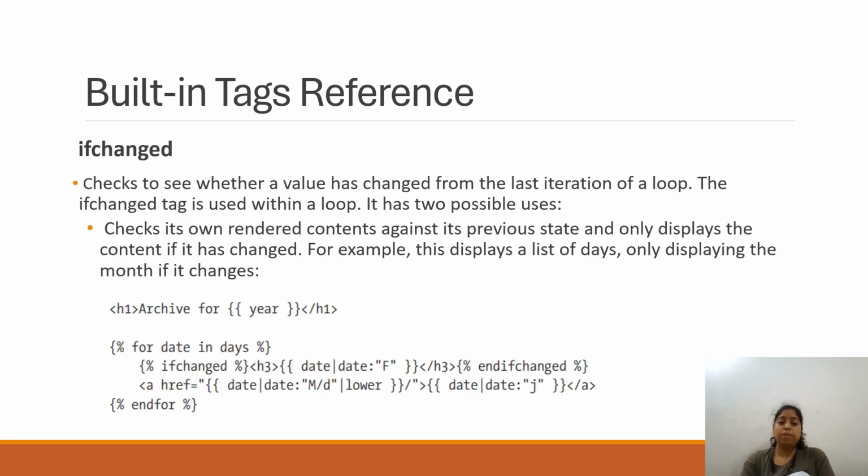ifchanged checks whether a value has changed from the last iteration of a loop. The ifchanged tag is used within a loop. It has two possible uses. First, it checks its own rendered content against its previous state and only displays the content if it has changed. For example, this displays a list of days, only displaying the month if it has changed.